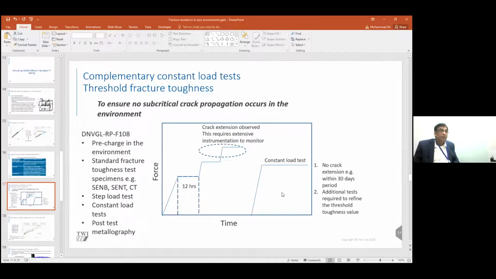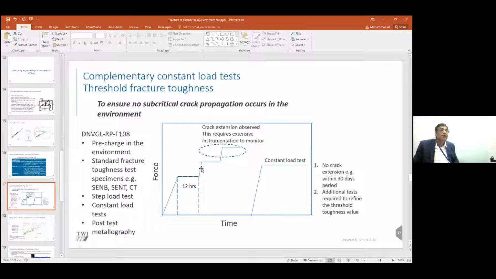Here is a diagrammatic demonstration of two types of static load tests. The first test is when you subject a specimen to a defined force level, leave it there for some time and see if there is any crack extension.